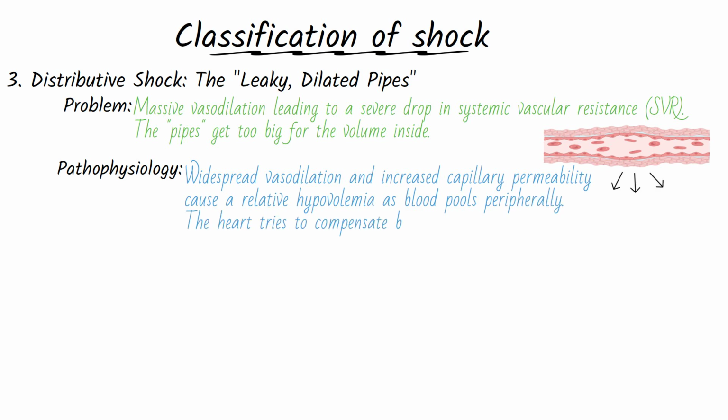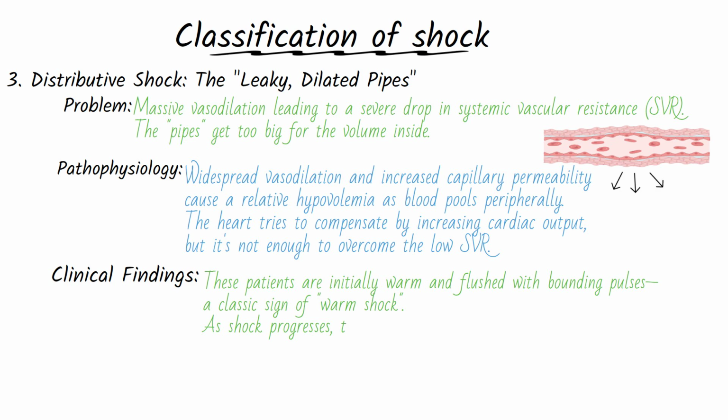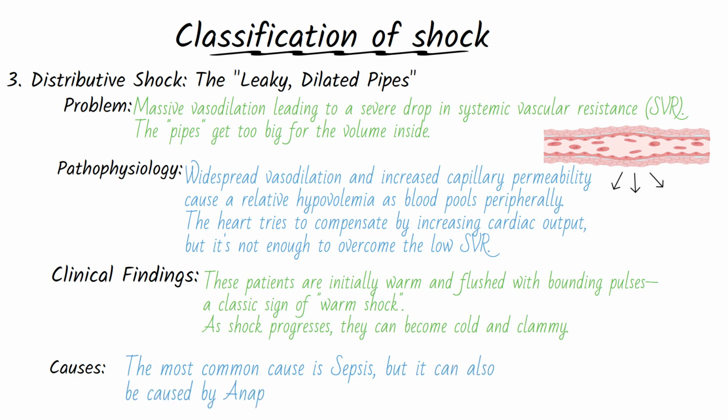The heart tries to compensate by increasing cardiac output, but it's not enough to overcome the low systemic venous return. These patients are initially warm and flushed with bounding pulses, a classic sign of warm shock. As shock progresses, they become cold and clammy. The most common cause is sepsis, but it can also be caused by anaphylaxis, neurogenic shock, or an adrenal crisis.